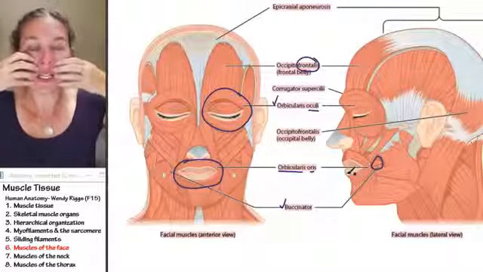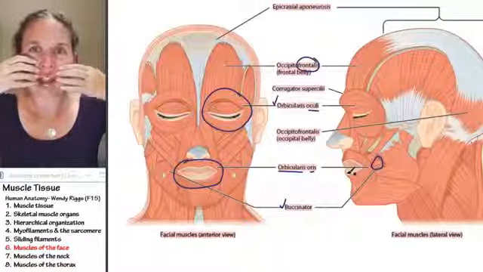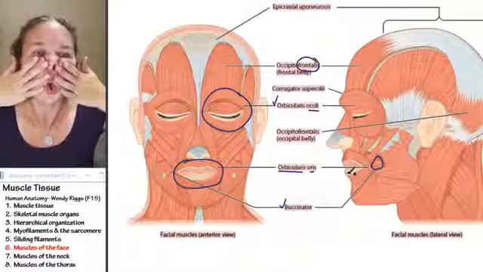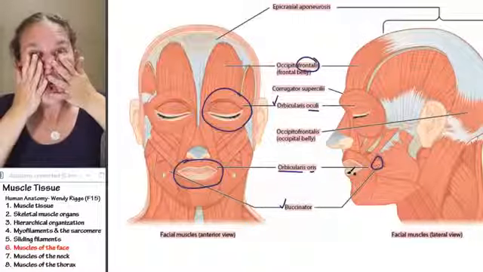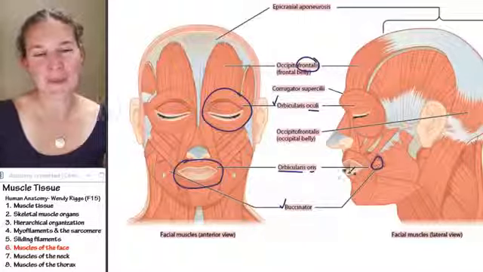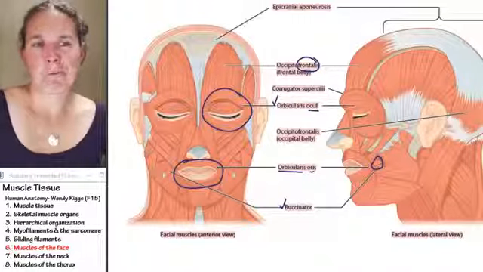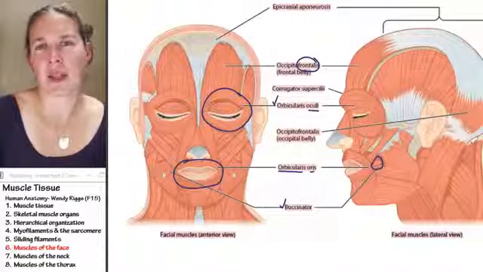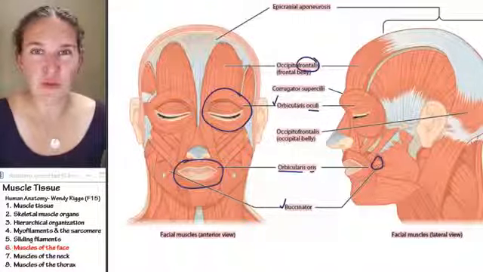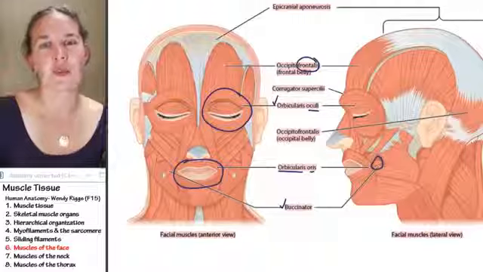The buccinator is all stretched out when I blow air into my cheeks, and then the fibers shorten like this. That shortening is what squishes your cheeks in and blows the air out. Buccinator is called the trumpet player's muscle, because you have to have a really rock star buccinator to play the trumpet. Not that I've ever played the trumpet before.